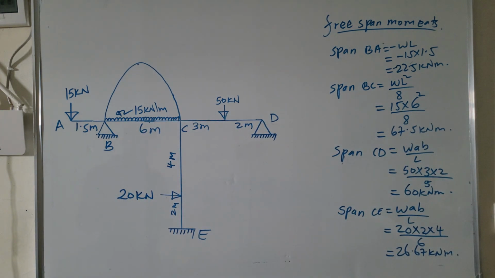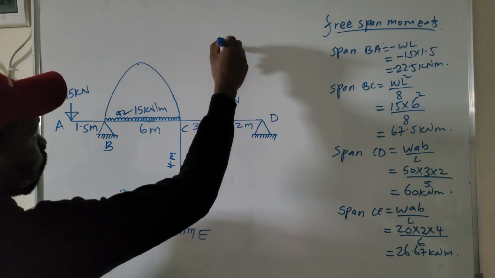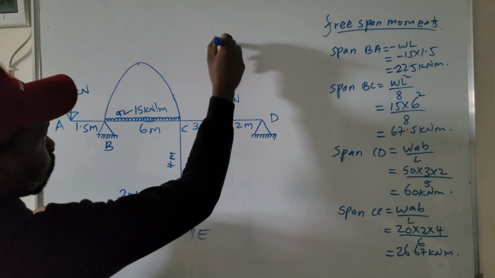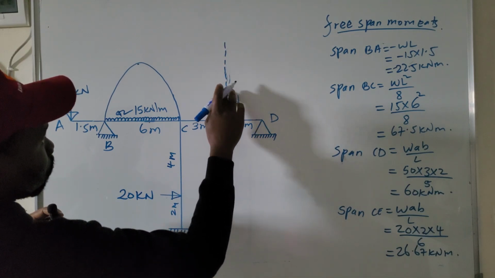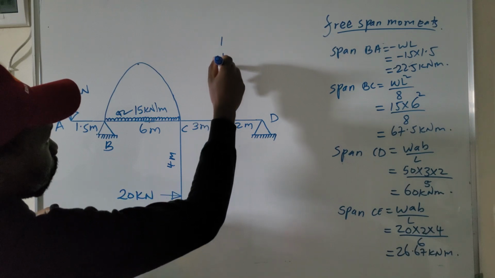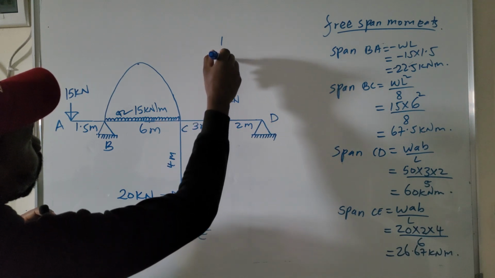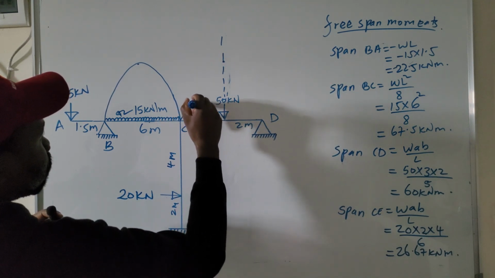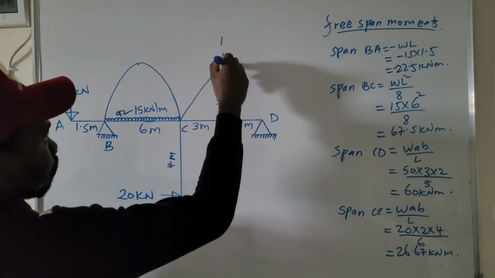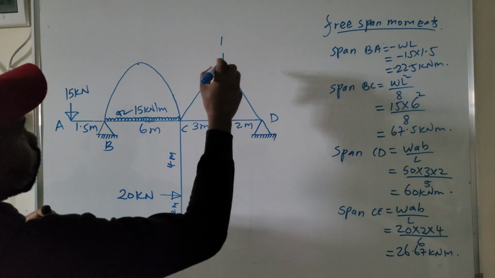Again, we proceed to span CD. Span CD, you have 60 kilonewton meter. So this one will be a triangle. So we have 60 somewhere like there. So this is 60.